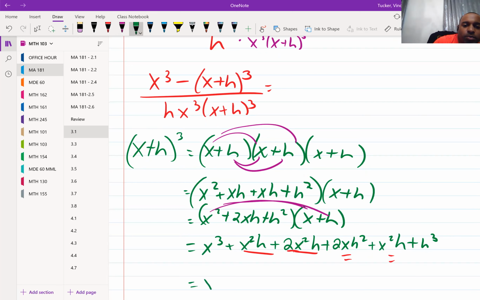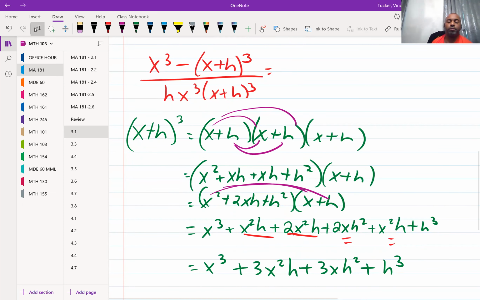Combine like terms: x cubed plus 3x squared h plus 3x h squared plus h cubed. Make sure we're okay with that distribution.